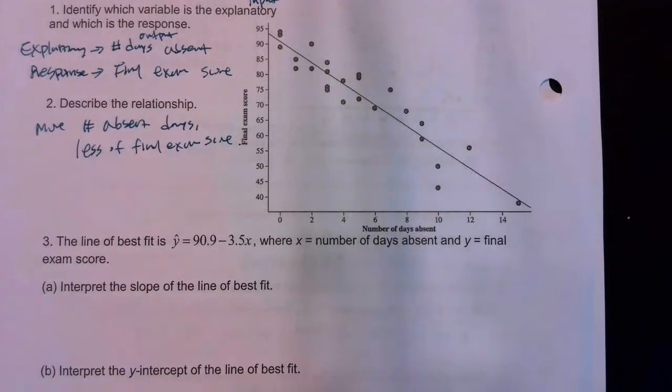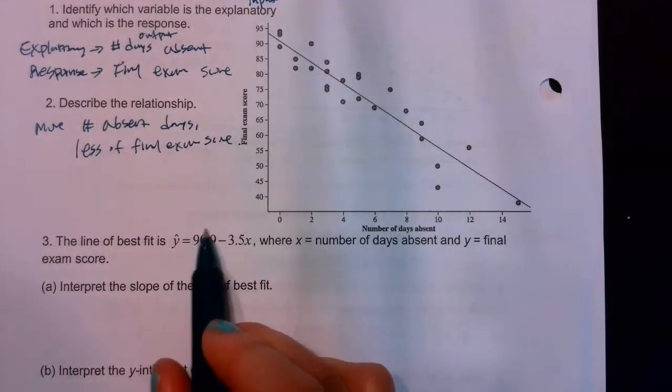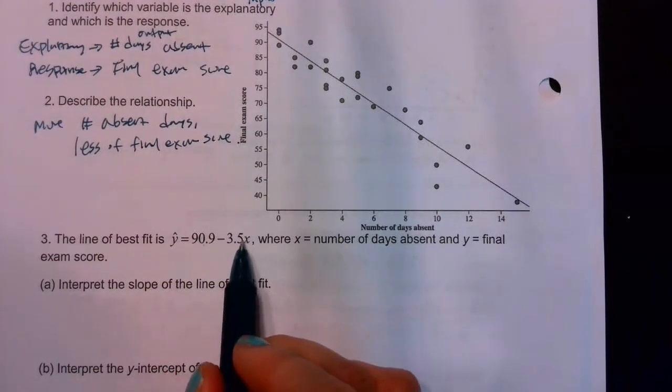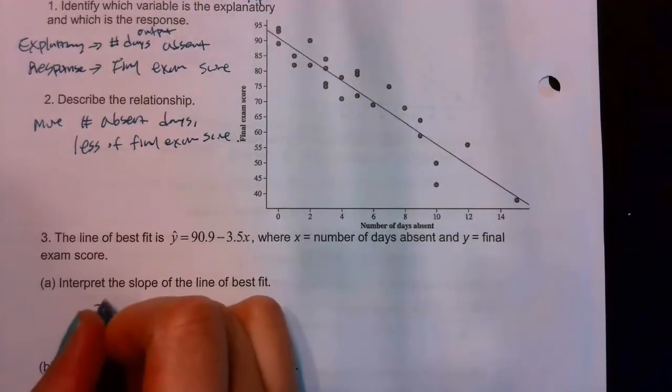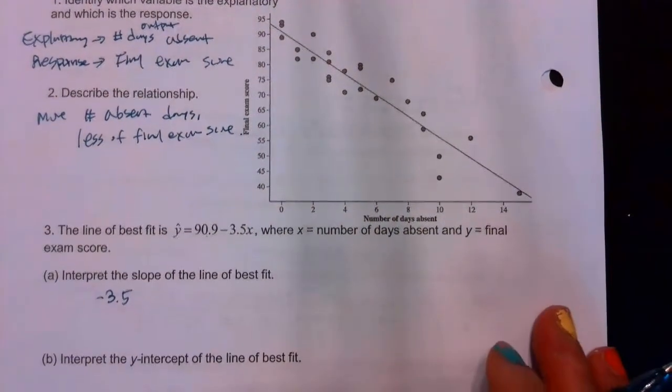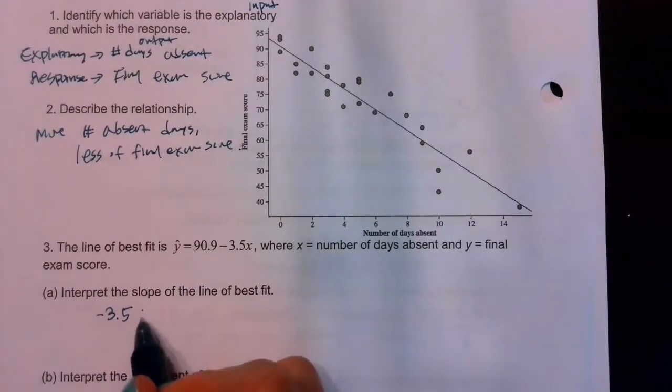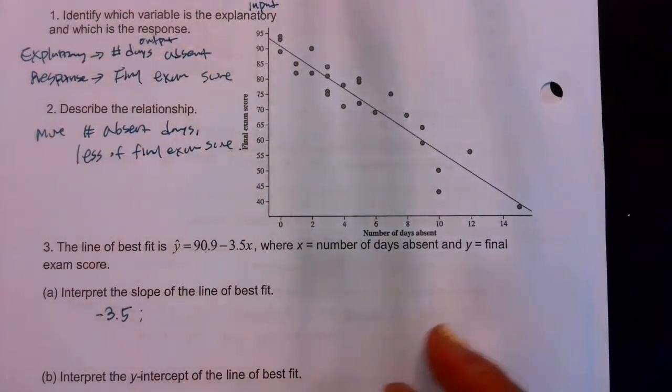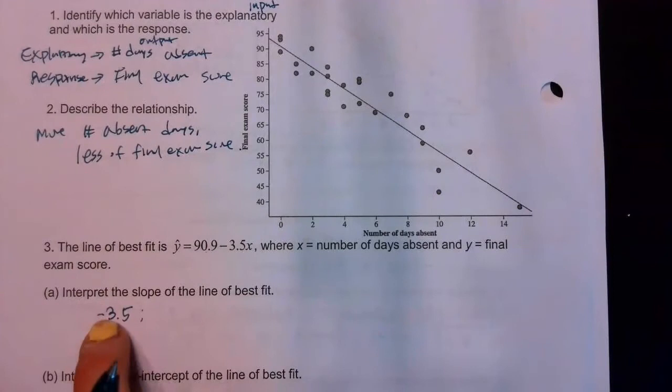Interpret the slope. All right. How do you find the slope again? Is that the first number? No. Slope is the number that's multiplied to x, which is negative 3.5. So what does negative 3.5 mean for this? Remember, it means for each time x goes up, how much does y change?